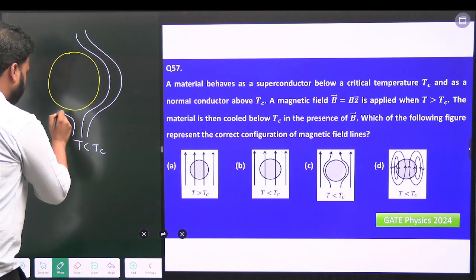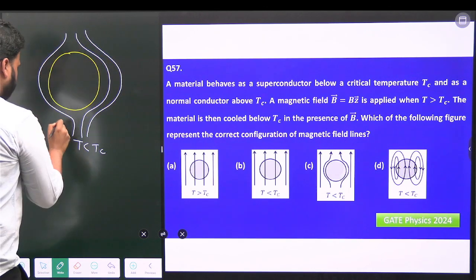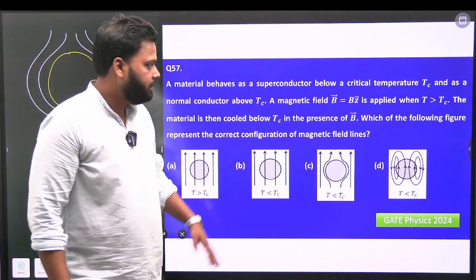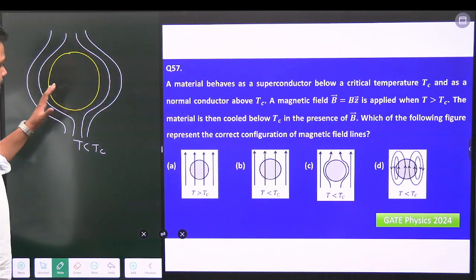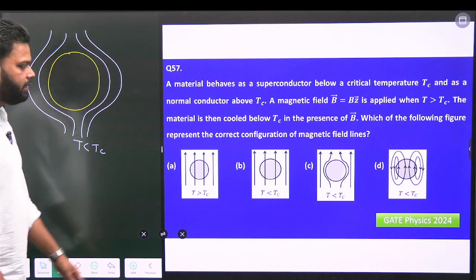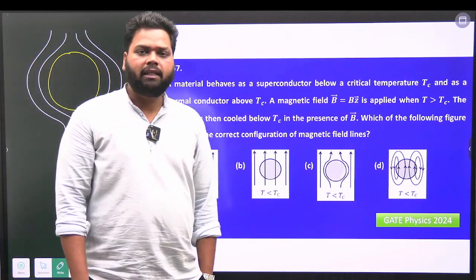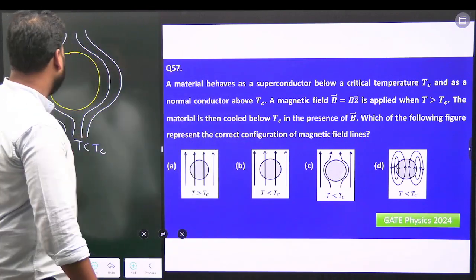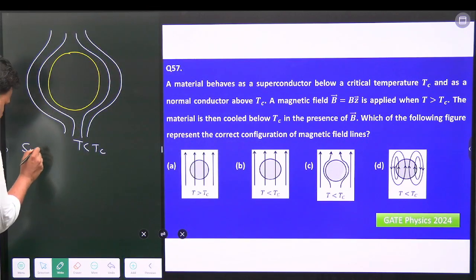This repulsion of magnetic field lines by a material is a property of diamagnetic material.